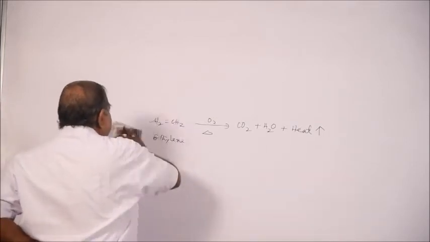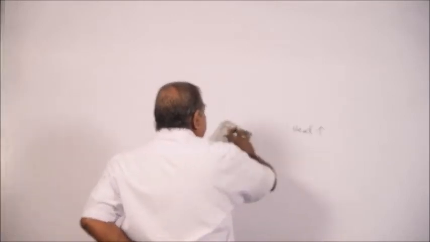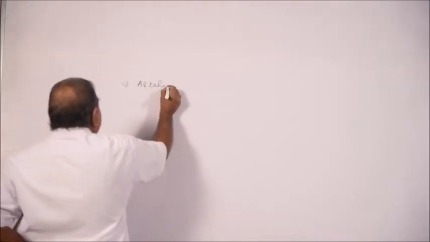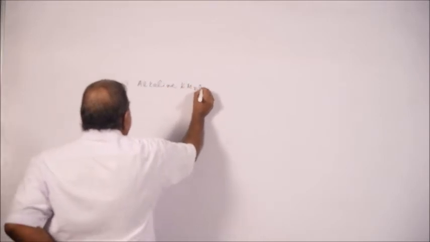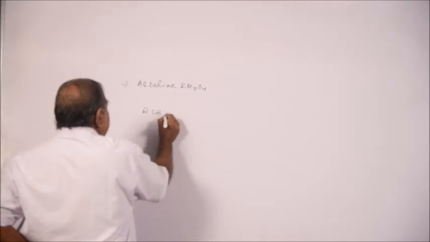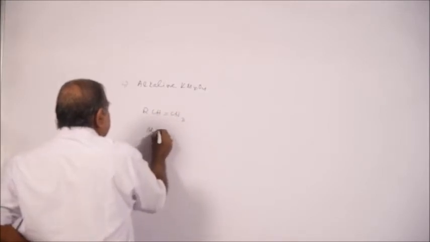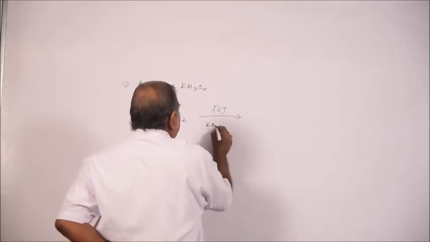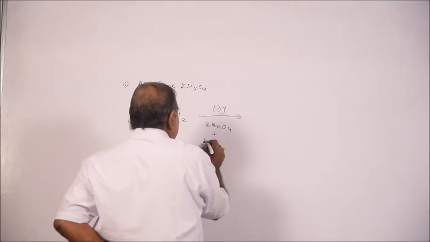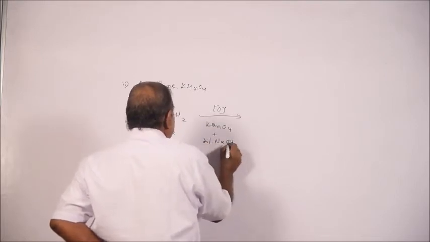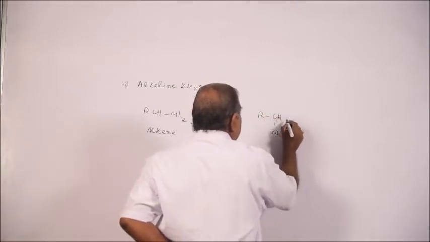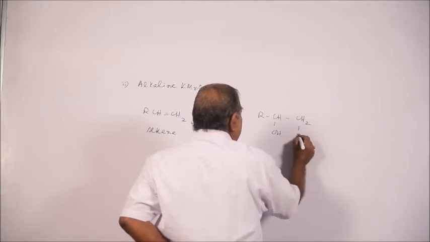The second oxidation reaction is using an oxidizing agent like potassium permanganate, that is, alkaline potassium permanganate. Here alkali is used. When an alkene, in general I have taken an alkene, is subjected to oxidation by using potassium permanganate along with a dilute alkali like sodium hydroxide or potassium hydroxide, two OH groups add across the carbon-carbon double bond, giving you a dihydric alcohol.